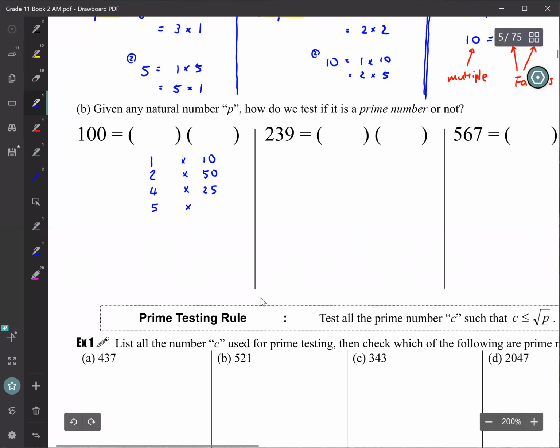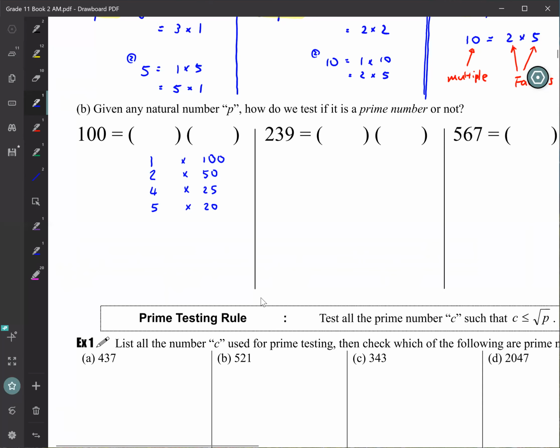But more importantly, the first one is supposed to be 1 times 100. Oh, 1 times, yeah, sorry. Yes, 1 times 100. 5 times 20, sorry, 20. Okay. Yeah, thank you for picking that up. That's a good call.